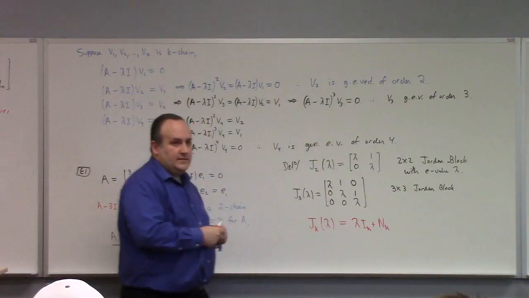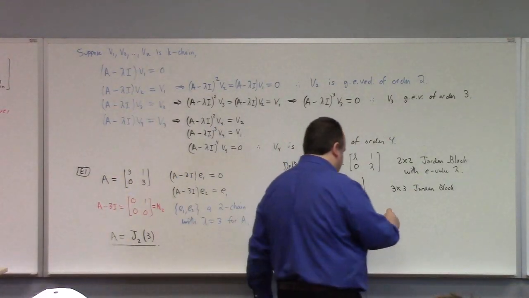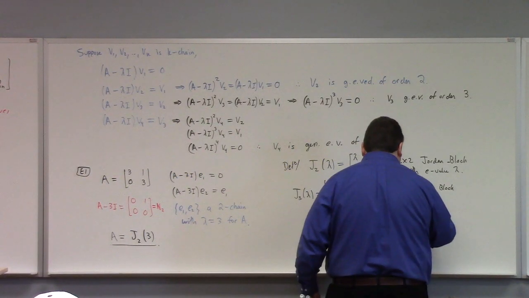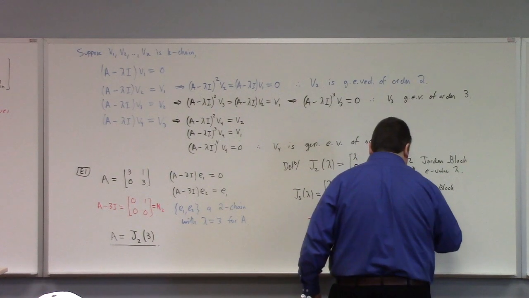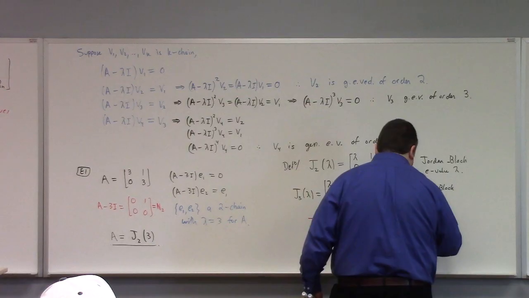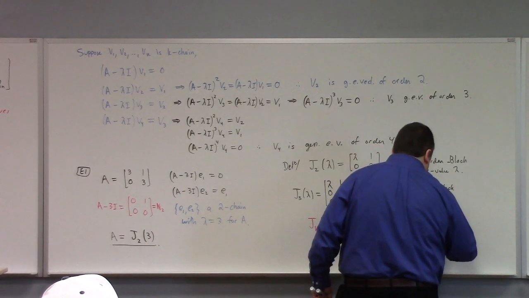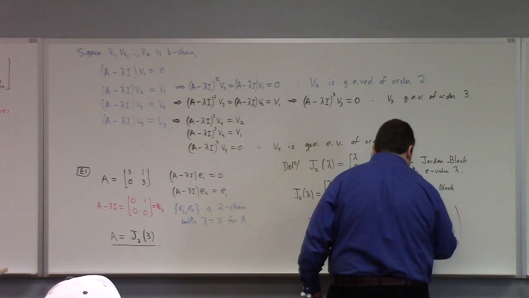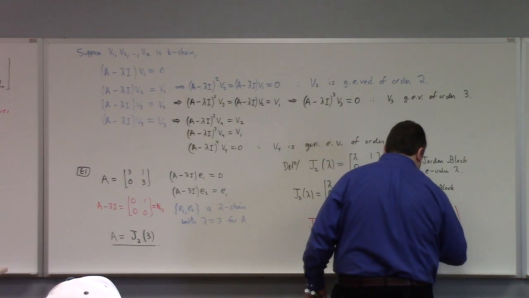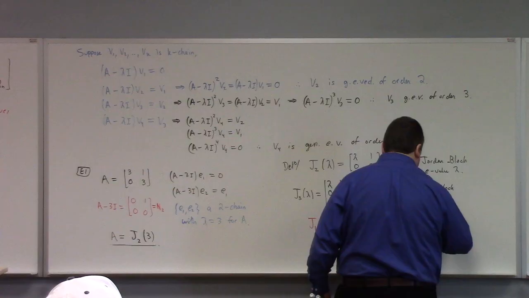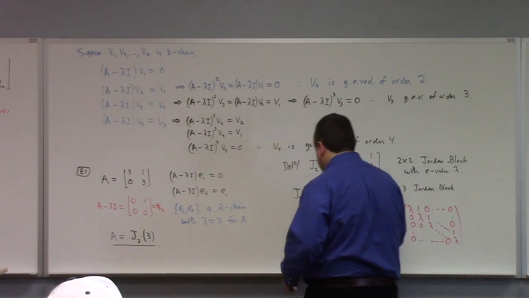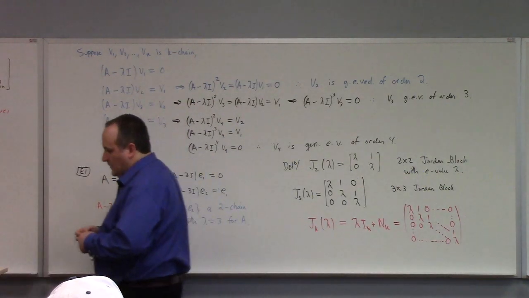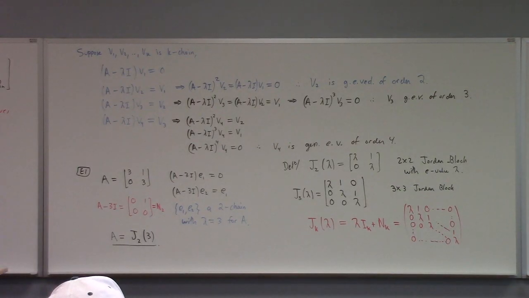Which I can write out, I guess, if it would help you, but it's okay, but it's ugly. This is the k by k Jordan block. All right.